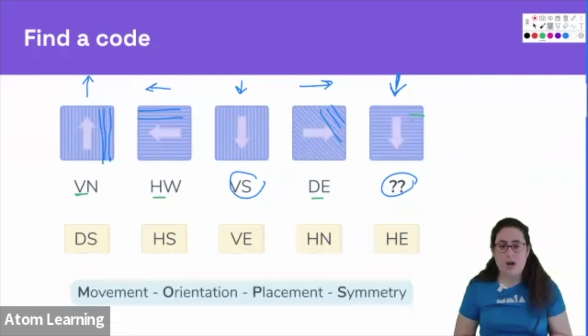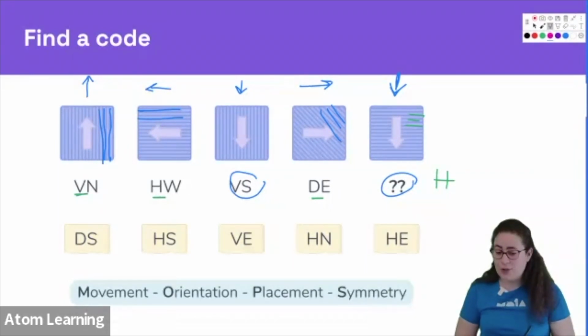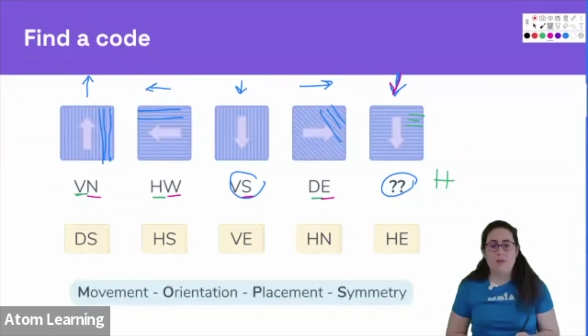And here we've got horizontal lines in the background, so we'll want an H as that first letter. And then the second letter is like geography, right? North, west, south, east. It's the direction of the arrow. Our arrow is pointing down, or in other words, it's pointing south.